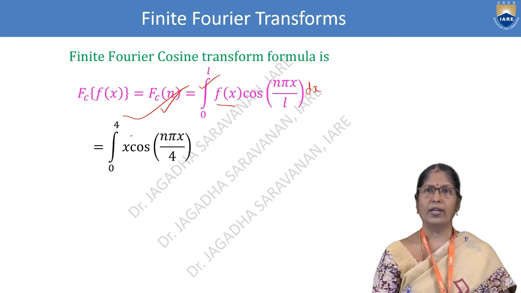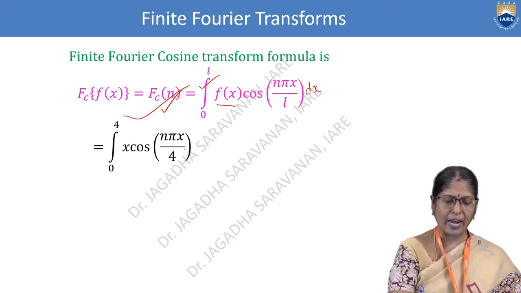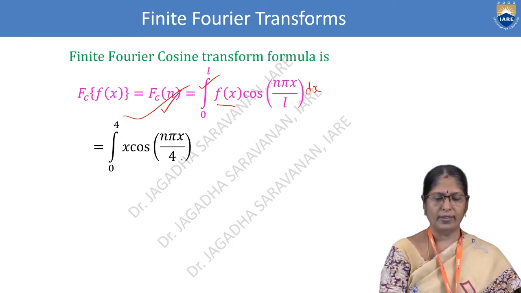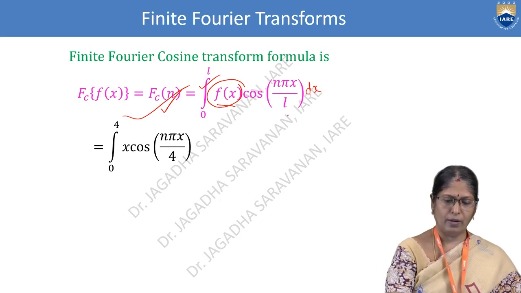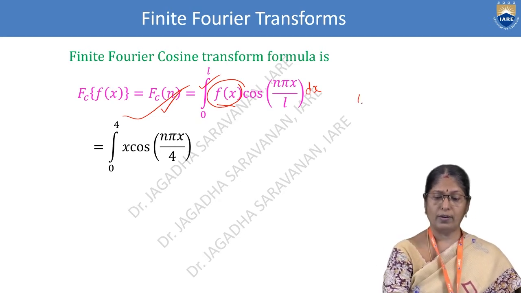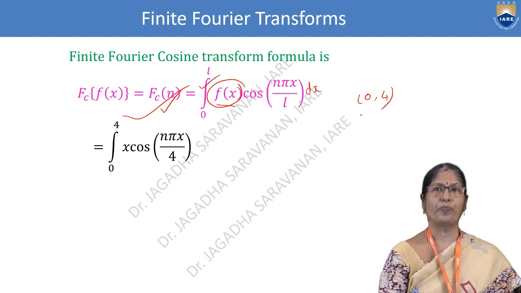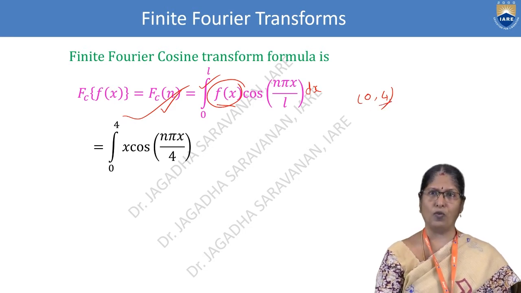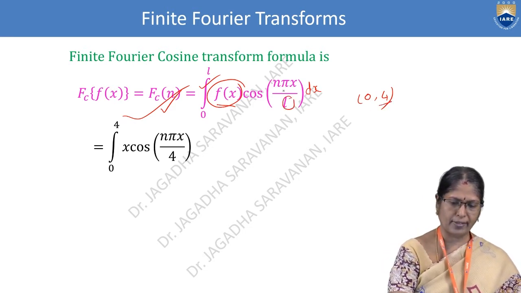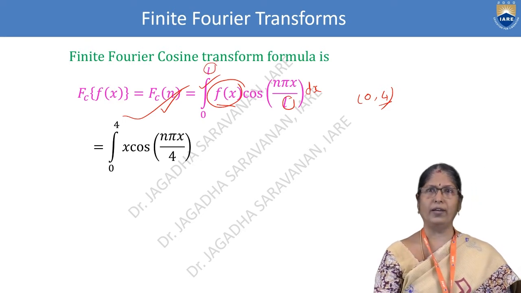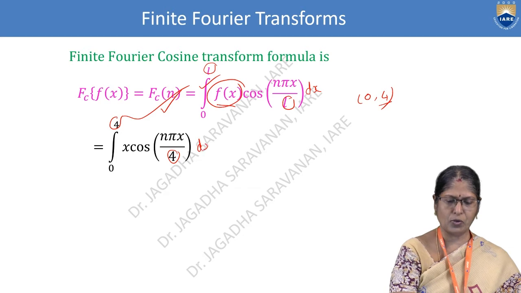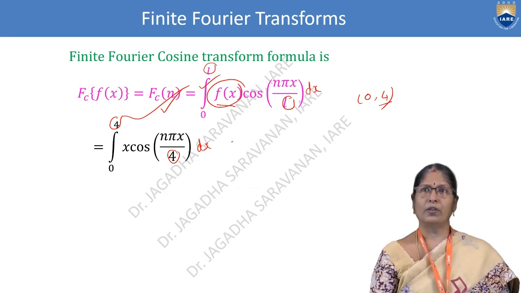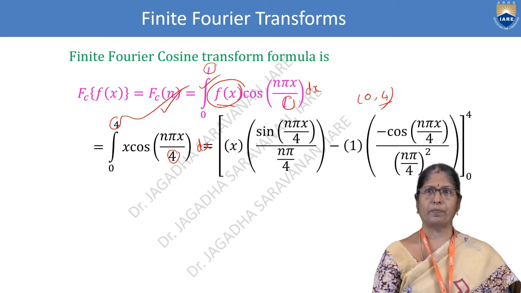Here our given function is f of x equal to x, integral 0 to 4 of x cos of n pi x by 4, and the interval is 0 to 4, so L is playing the role of 4. The two places where L is there in the formula are replaced by 4, and dx is written here. So we are doing the integration with respect to x.